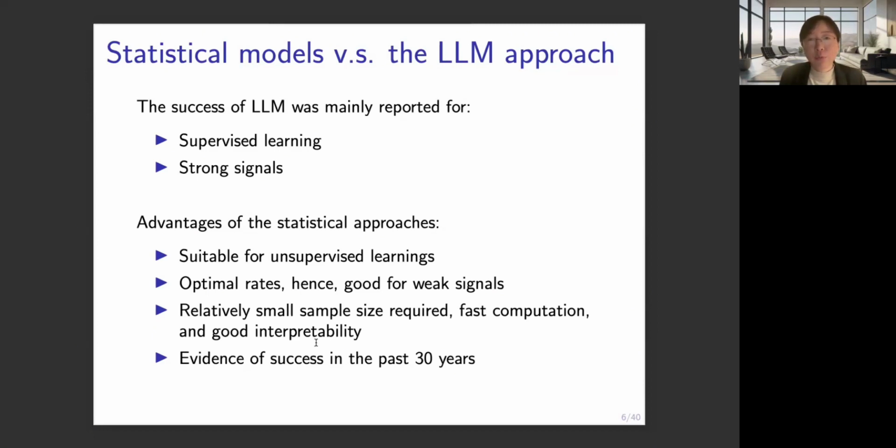And we face unsupervised learning problems where we don't have carefully manually labeled data. And also we want a white box approach where we know how to interpret and diagnose the results. Statistical methods can satisfy these purposes. And today I will talk about topic modeling, which will be a great example of this.